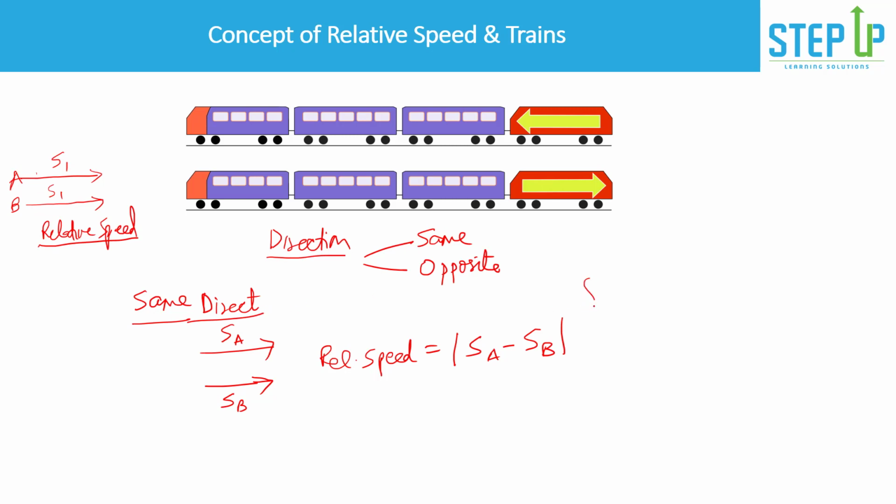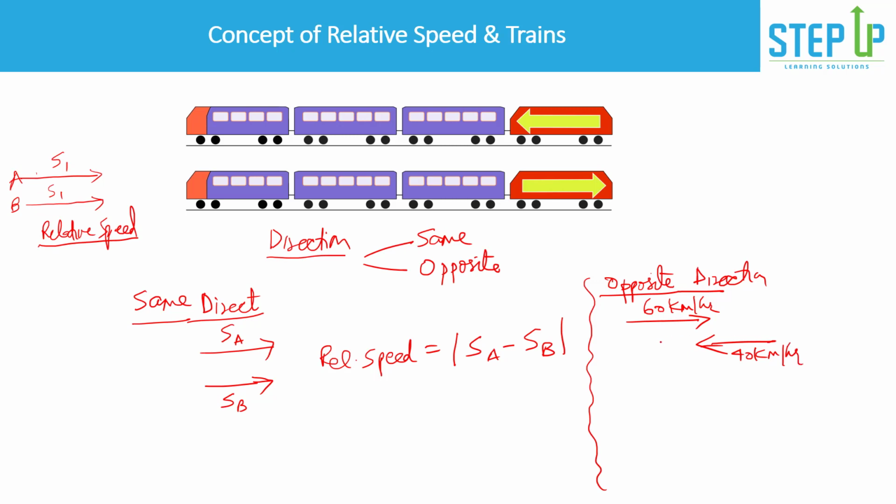Whereas, let's discuss the case of opposite direction. You must have traveled in a train, and let's say your train is going at a certain speed, say 60 km/h, and another train crosses your train at a speed of 40 km/h, but it feels very fast.